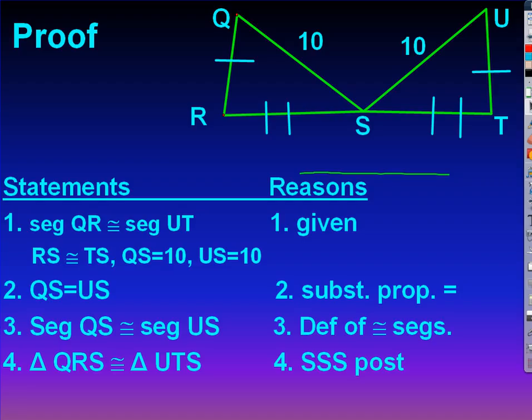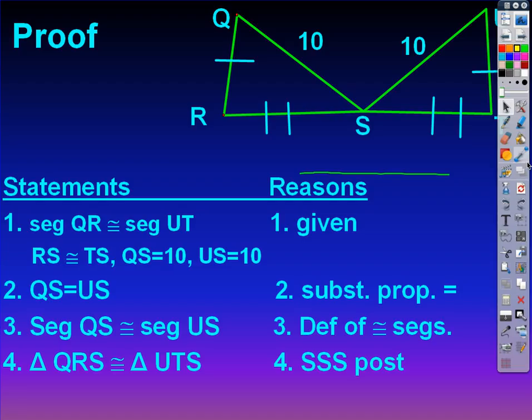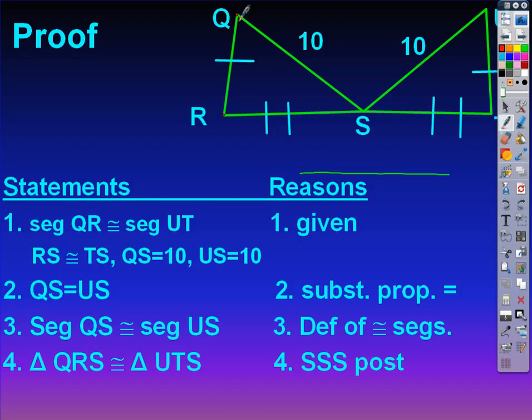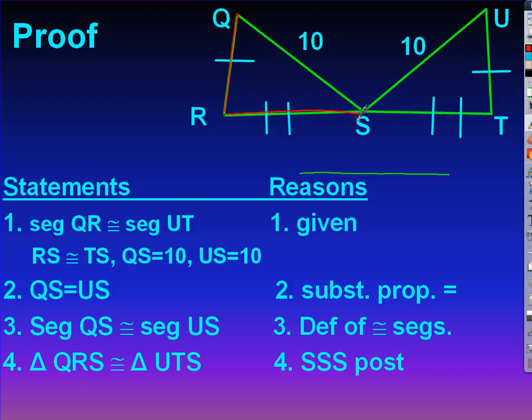Now, if we're talking about this side, let me draw these. If we're talking about this side and that side, then this is the included angle. But, for example, that would be a non-included angle, right?